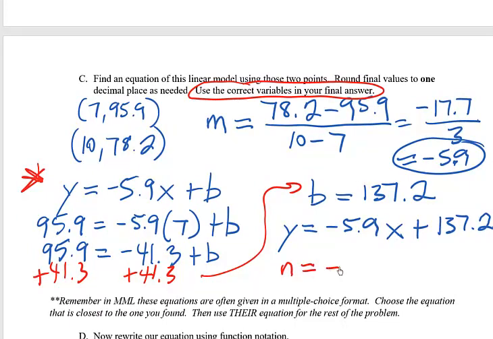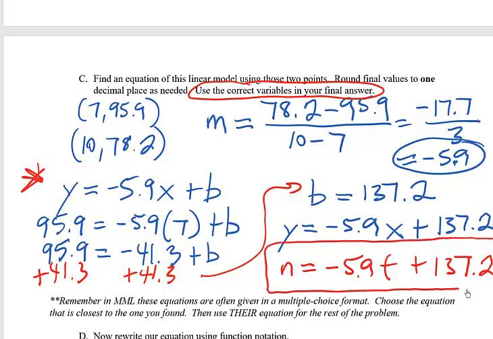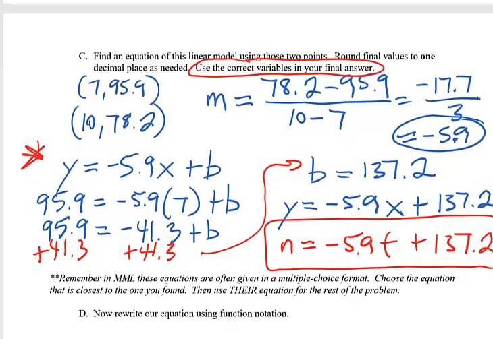So n equals negative 5.9t plus the 137.2. We're saying this linear model, this equation, does a reasonable job of describing the amount of mail that was delivered by the post office during those years that we looked at in the table.